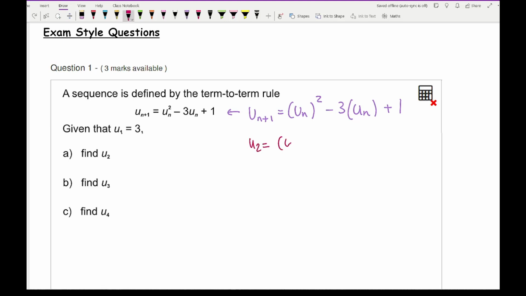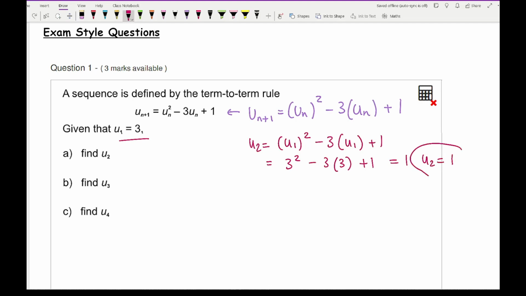So then substituting for u2, it's going to equal the previous un value, which is u1 squared minus 3 lots of u1 plus 1. So substituting those numbers in, well, u1 equals 3, so it's going to be 3 squared minus 3 lots of 3 plus 1, which equals 1. So u2 equals 1.